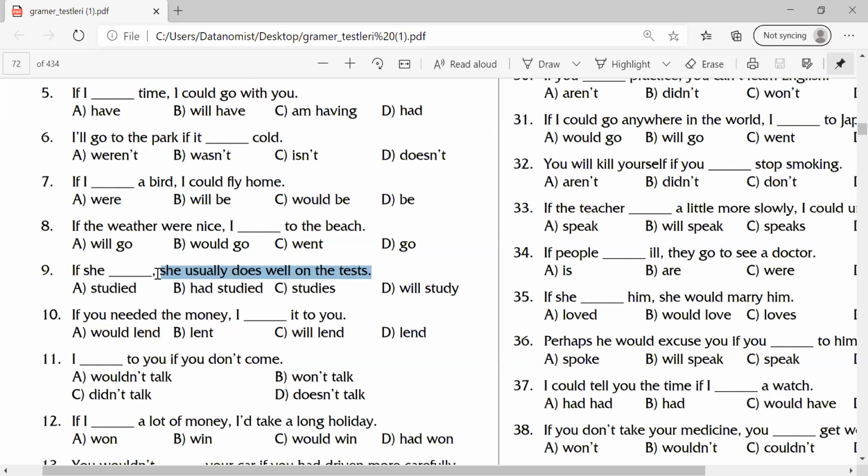But if you guys observe, this is a condition blank. This is present, not future. Even if I have present here, it should be present. If it is future, also present. Present, also present. That you remember. If she studies, that's the thing.